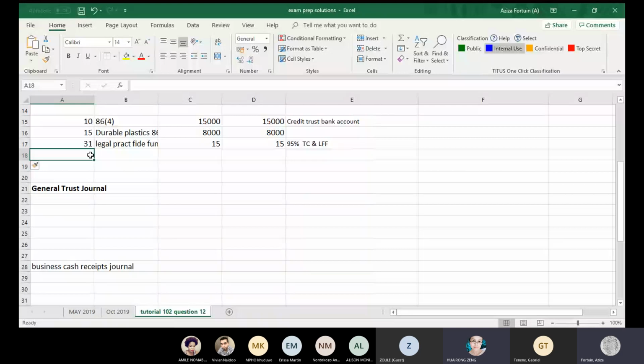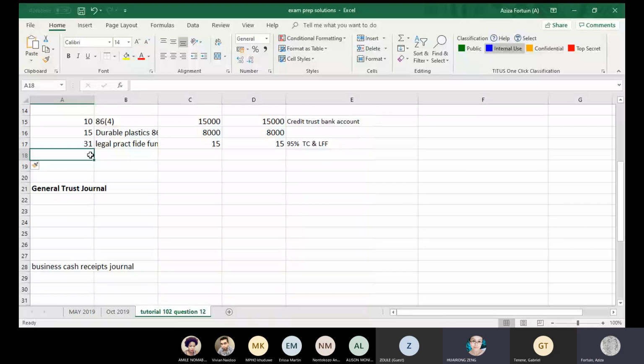Then another one is the fees journal. We also had a fees journal we have to do. That is day 30. The fees for receiving instruction 250, letters of demand 100, and the collection fees 2,500 Rand. Those are 250 plus 2,500 plus 100.